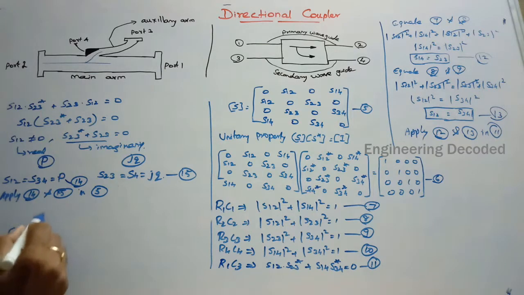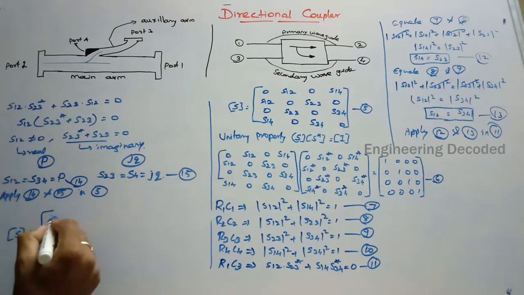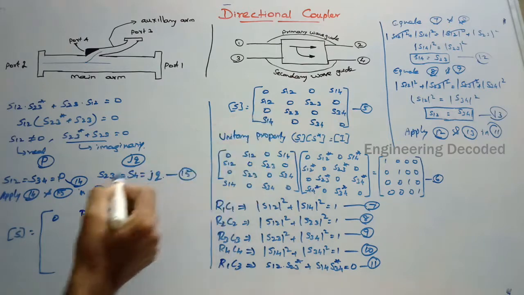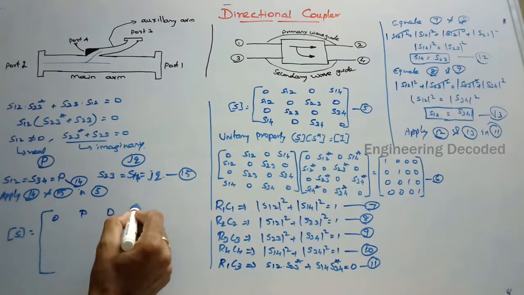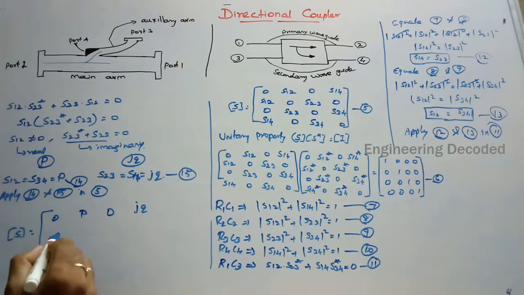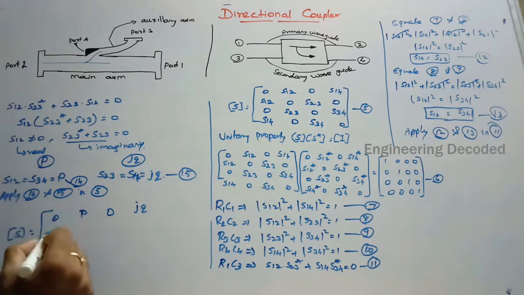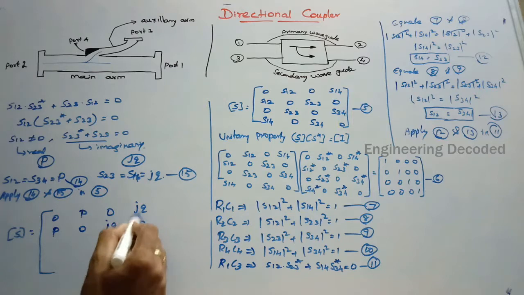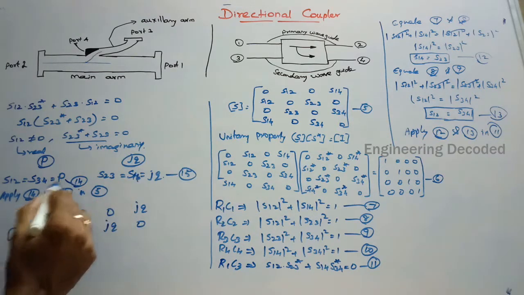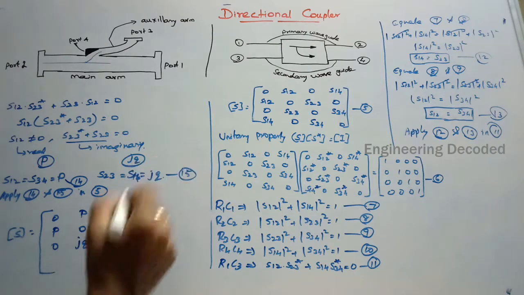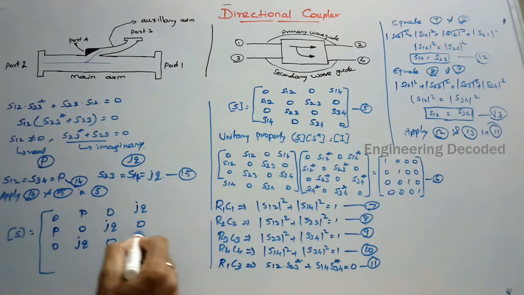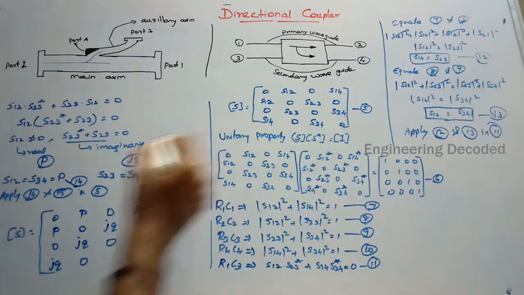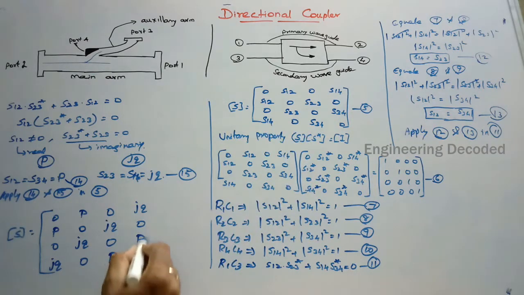So S is equal to: 0, S12 is nothing but P, then 0, S14 is nothing but JQ; then S12 is nothing but P, 0, S23 is nothing but JQ, 0; then 0, S23 is nothing but JQ, 0, S34 is nothing but P; then S14 is nothing but JQ, 0, S34 is nothing but P, 0.